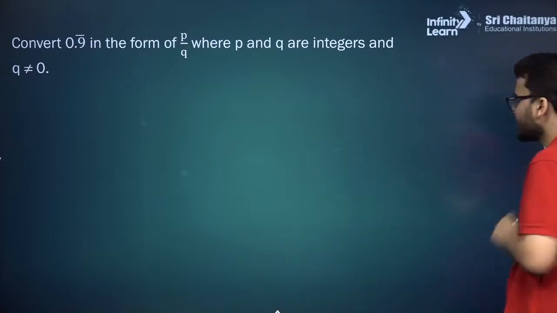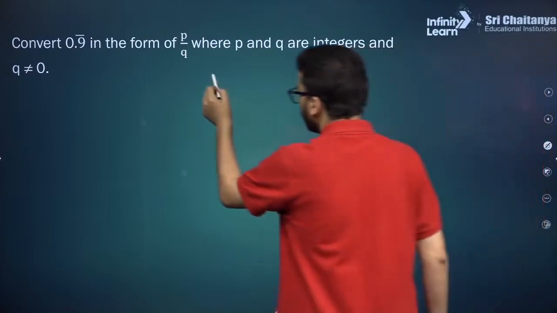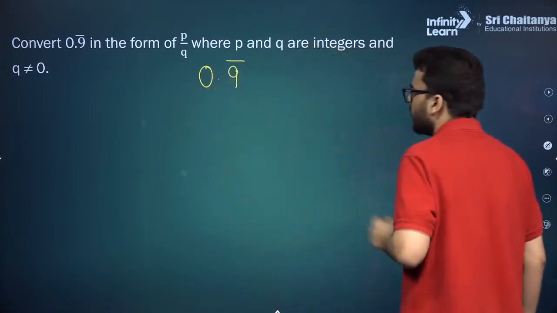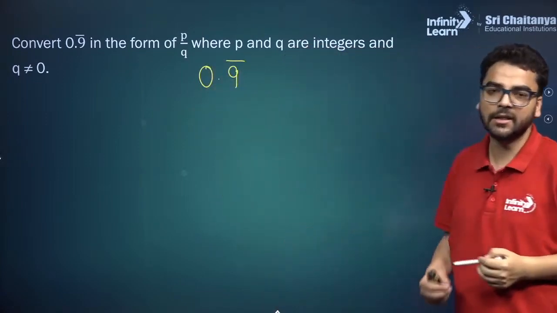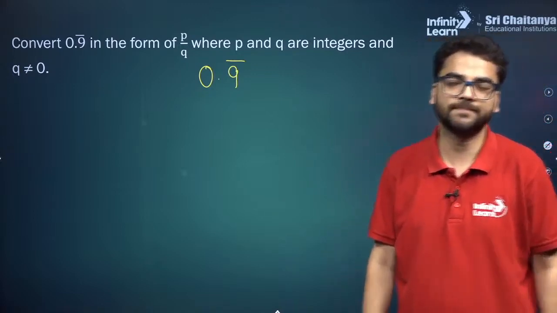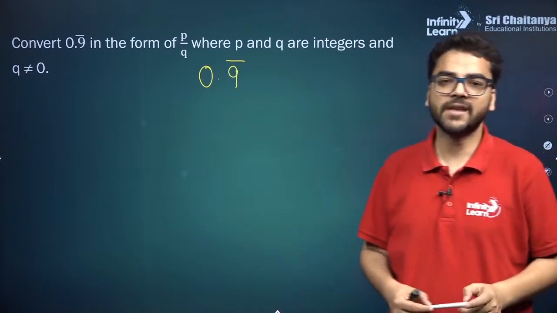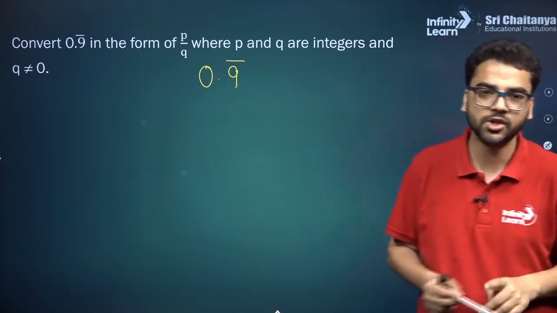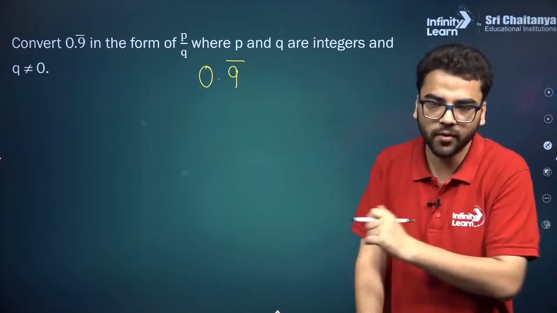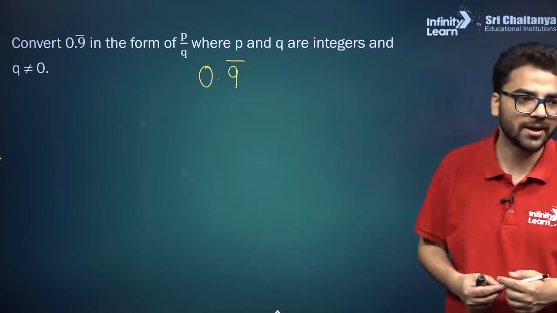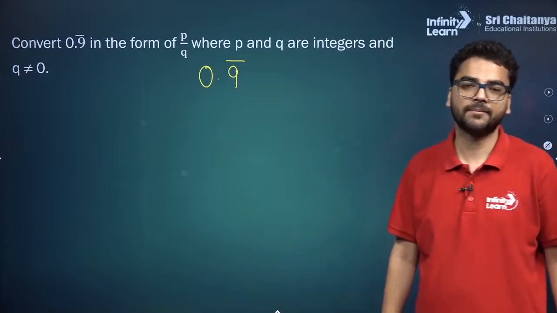So, can you tell me, what is this 0.9 bar over here equal to if you represent it in the form of P by Q, where P and Q are integers and Q is not equal to 0? First I will tell you how you must write it when it comes in your school examination, the subjective method of doing this, and then I will explain a shortcut method. It's a very simple thing, you will understand it very quickly.